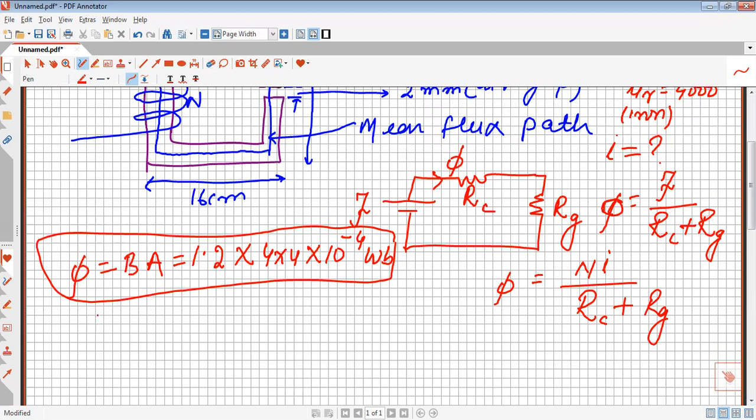Reluctance is L divided by mu A. So the reluctance of the core will be L divided by mu naught mu r multiplied by A. Here we just need to calculate the area of cross section, which is given: 4 into 4 into 10 to the power minus 4.